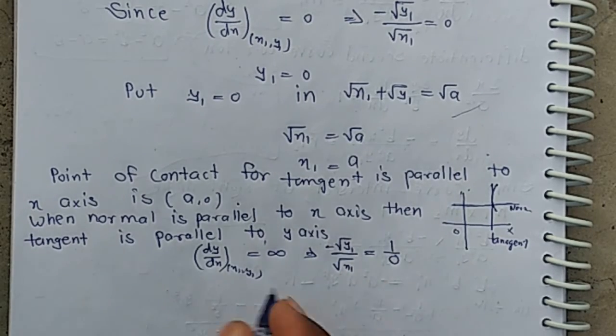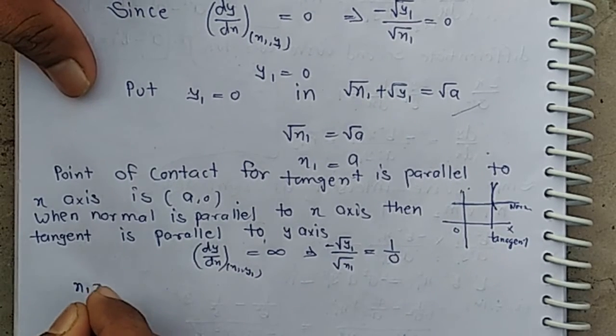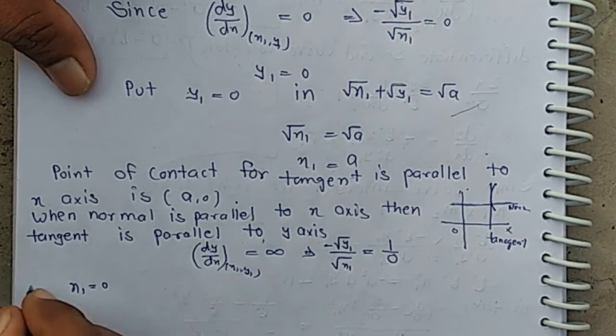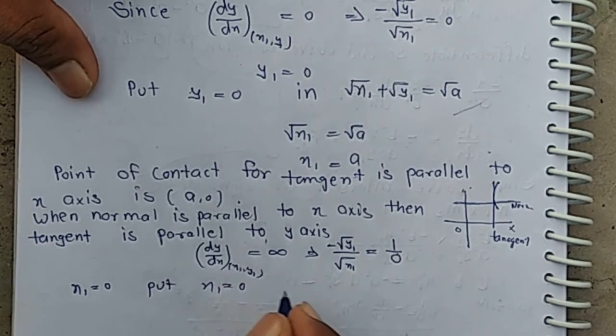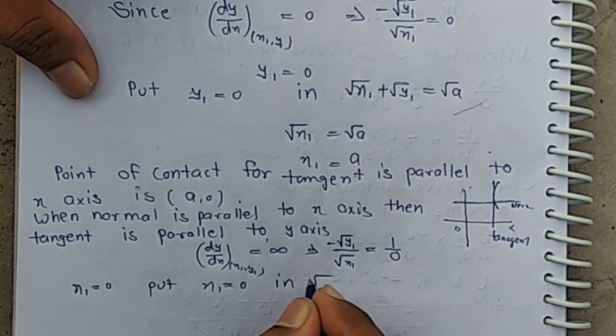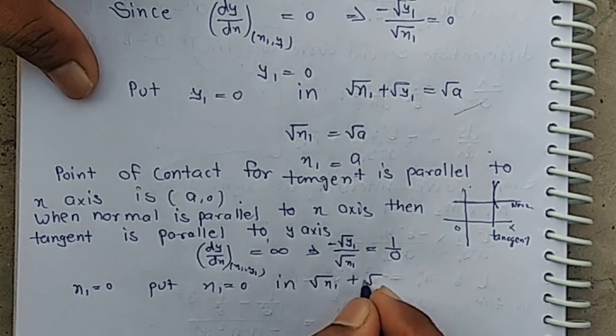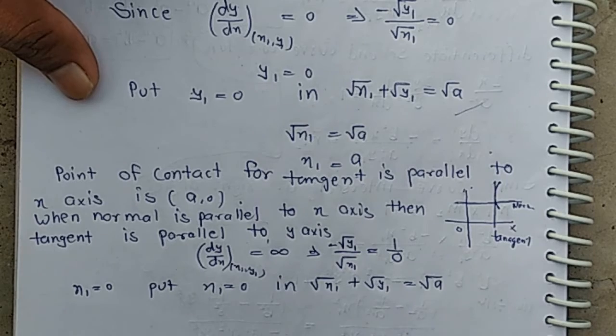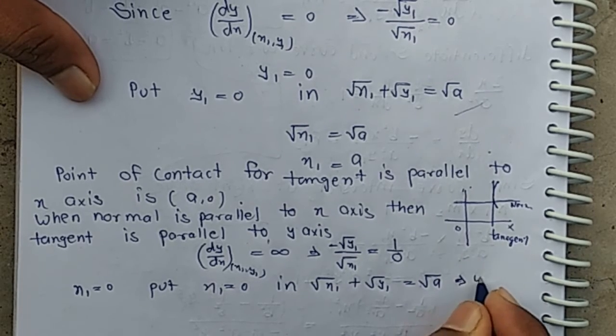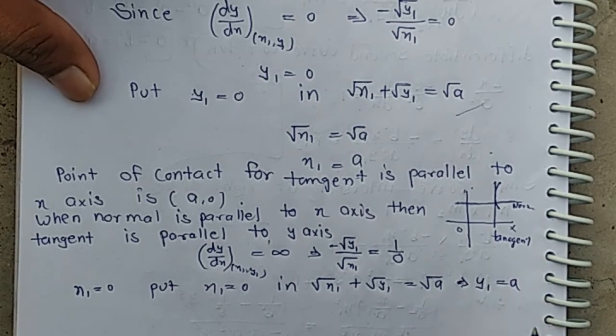Cross multiply, then value of x1 is 0. Put x1 equals 0 in root x1 plus root y1 equal root a. We have y1 equal a.